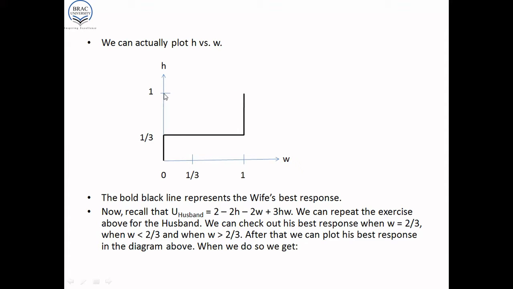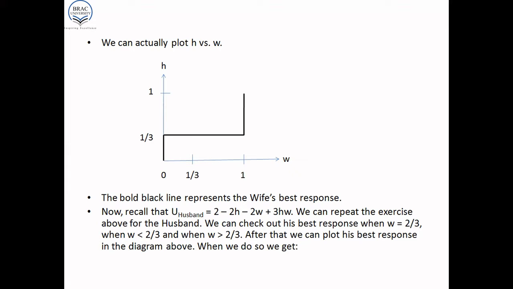In order to maximize her payoff, it should be 1. So when H is greater than 1/3, W should be between 1/3 and 1. And when we mark these probabilities out with this black bold line, we have the wife's best response function.